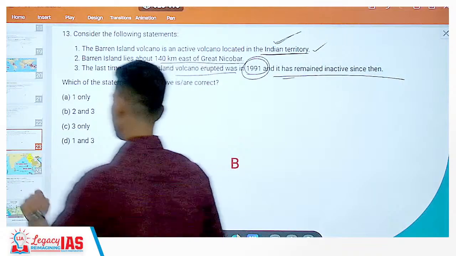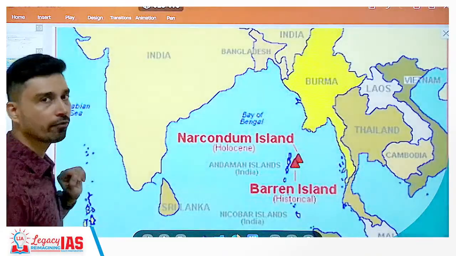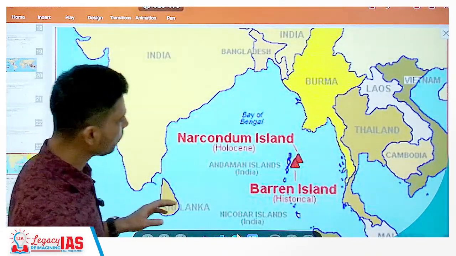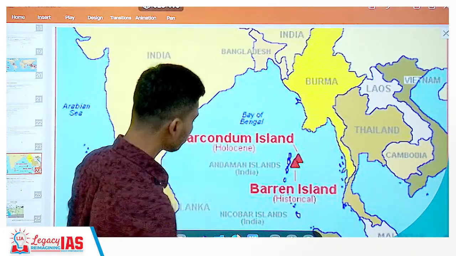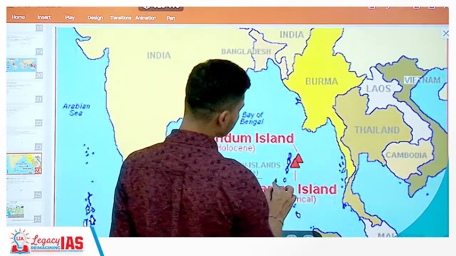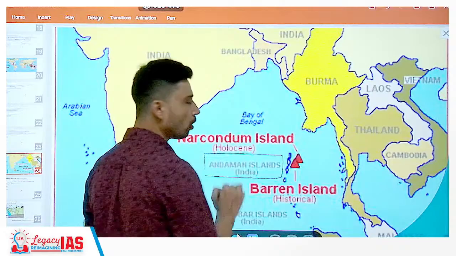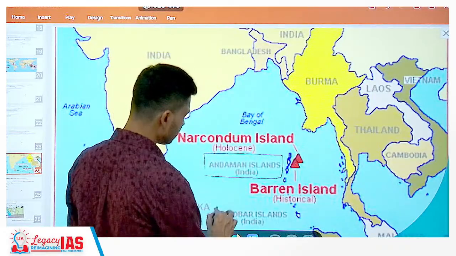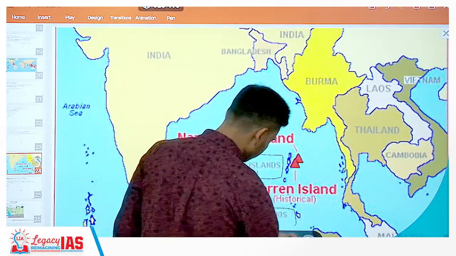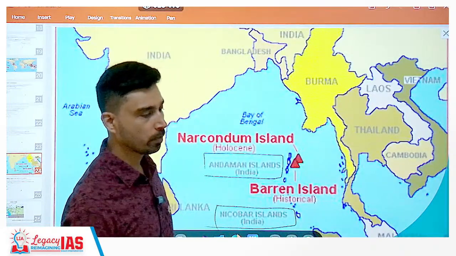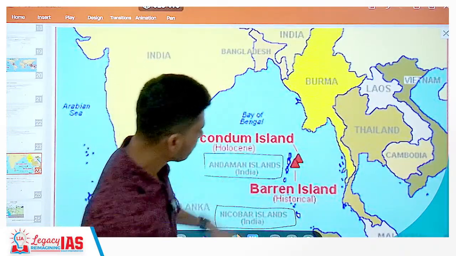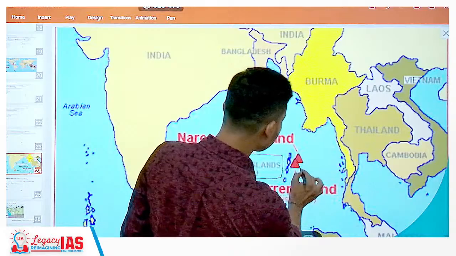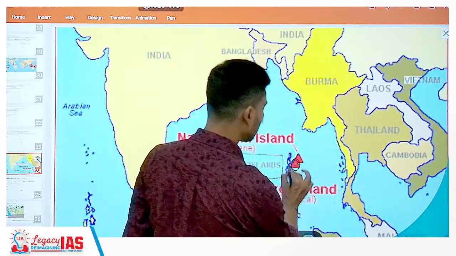Second is, it lies about 140 km east of Great Nicobar. Is it correct? Let us take a look at the map of Andaman and Nicobar. The northern part of the islands is called the Andaman Islands and the southern part is referred to as the Nicobar Islands. As you can see from the map, these are the Barren Islands.